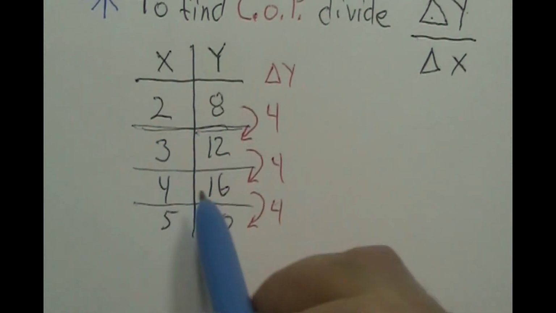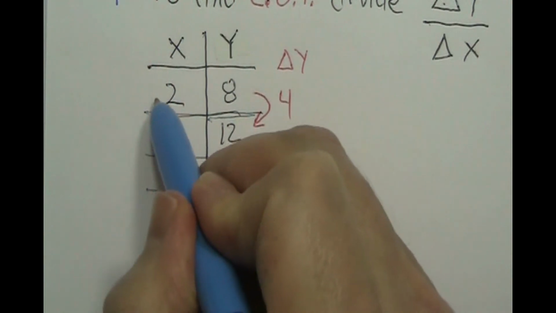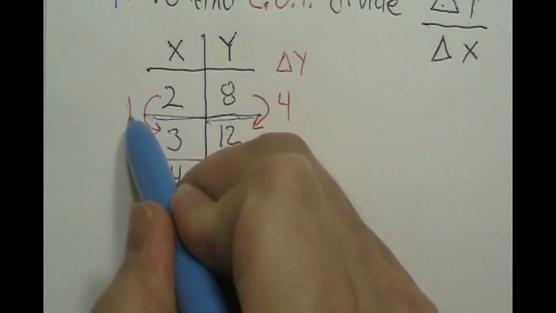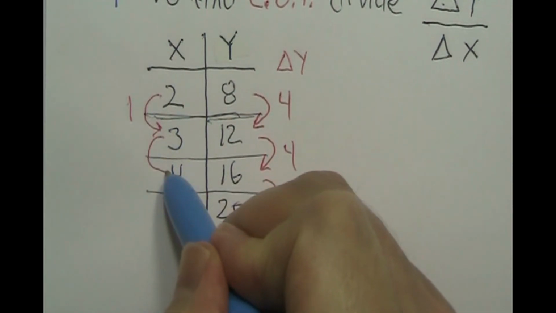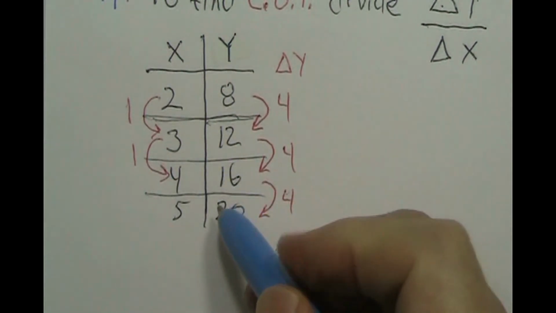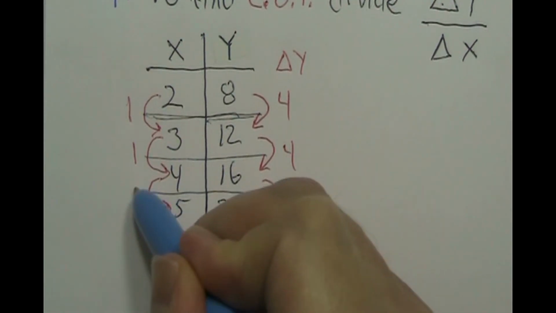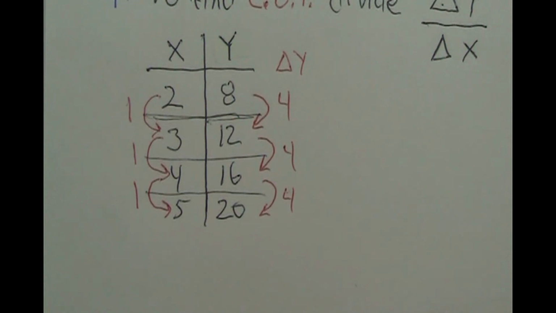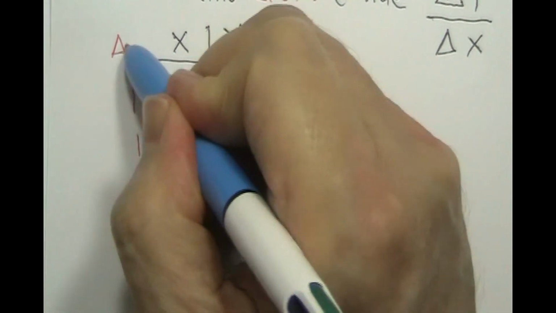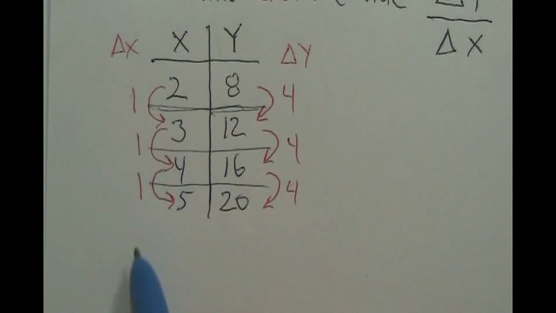Now let's look at the x's. To go from 2 to 3, it just changed by 1. 3 to 4, 1. 4 to 5, 1. So the change of x is just 1.